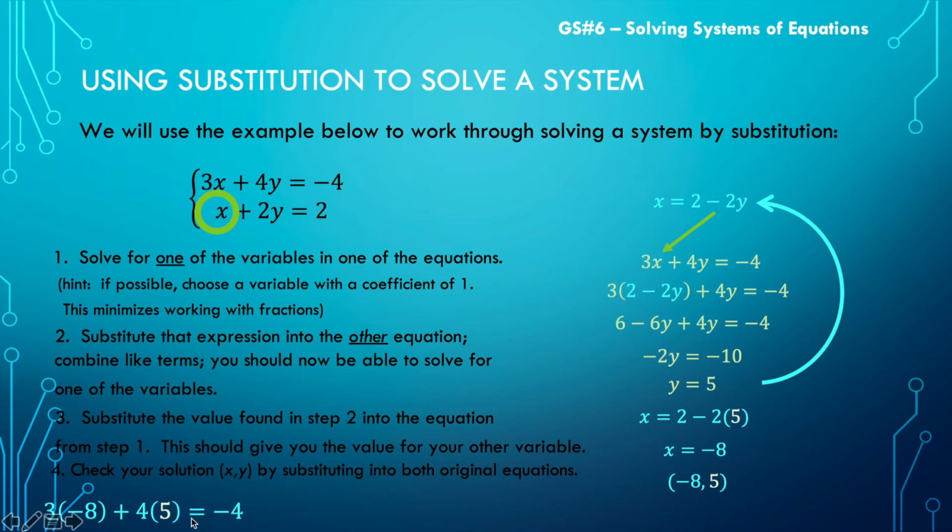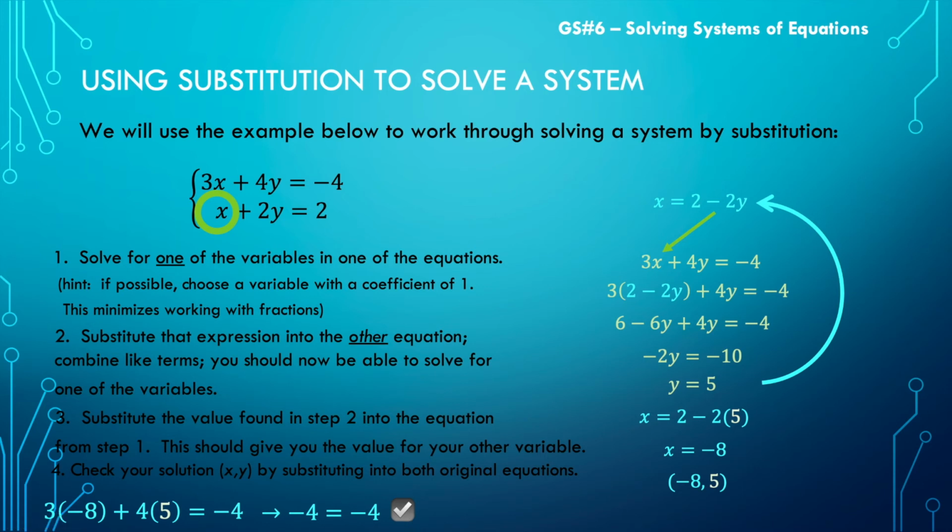We want to see if that is true. This, of course, is negative 24 plus 20. So we end up with negative 4 is equal to negative 4, which does work. So that negative 8, 5 does satisfy the top equation.